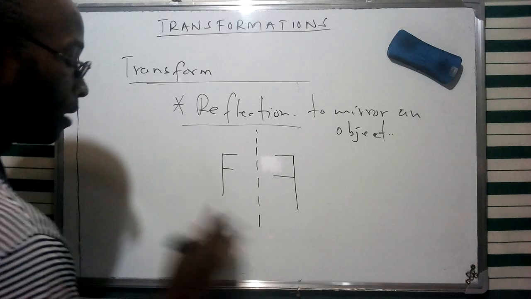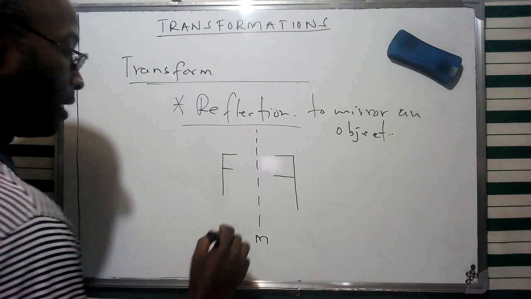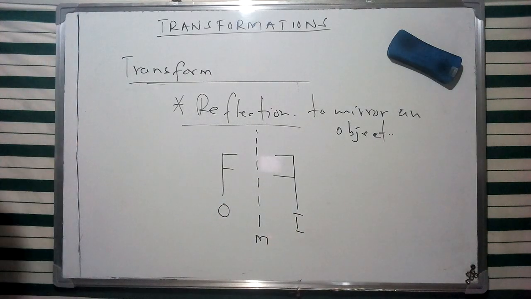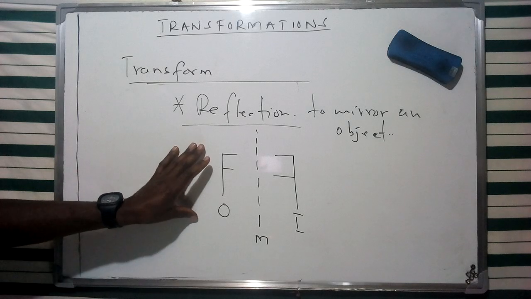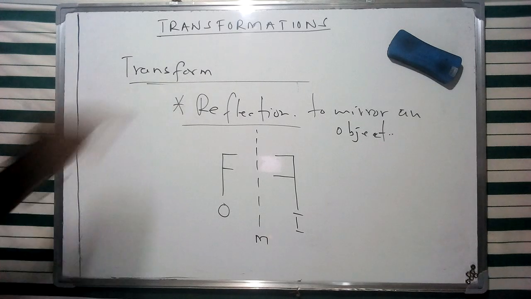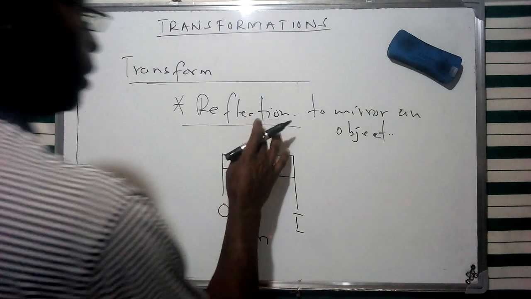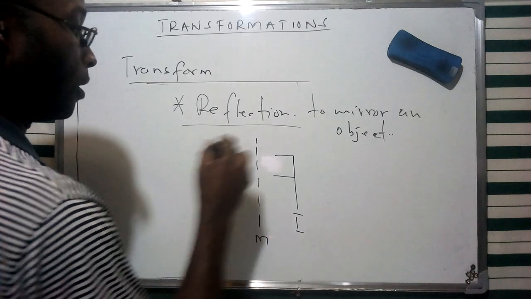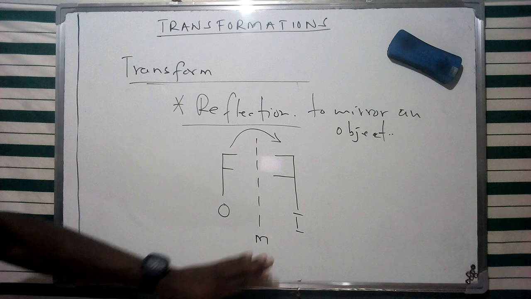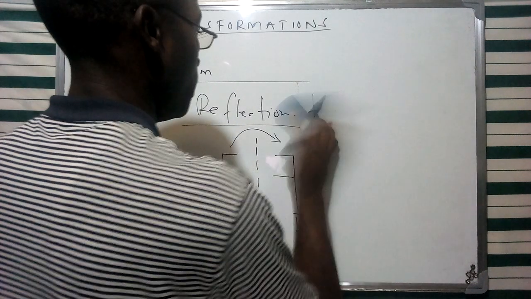Suppose we have this virtual mirror line given as M, then this is going to imply an object and an image respectively. There are various characteristics associated with the concept of reflection as a way of transformation, which we are going to elaborate on in our detailed discussion. This transformation from the object to the image using this mirror line is referred to as reflection.